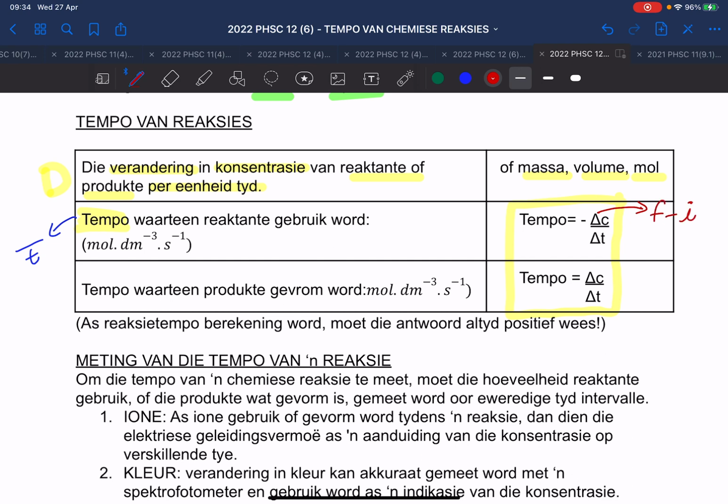So as ek met min eindig, if I end with very little and I start with a lot, dan gaan dit wees a small number minus a big number. You'll get a negative answer. Okay? And that is why you have a negative in the equation, so that your answer is never a negative. Okay, right. Now, this equation is not on your data sheet.